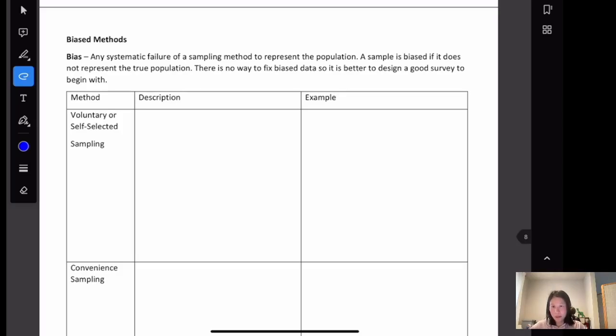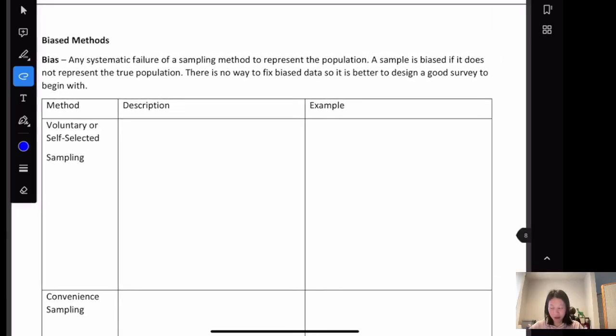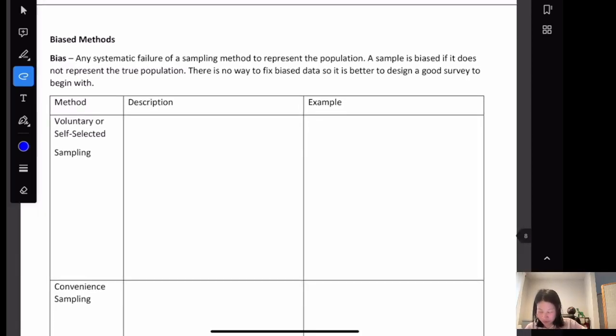Okay, the first biased method is called voluntary or self-selected sampling. It is made up of people who self-selected into the survey.